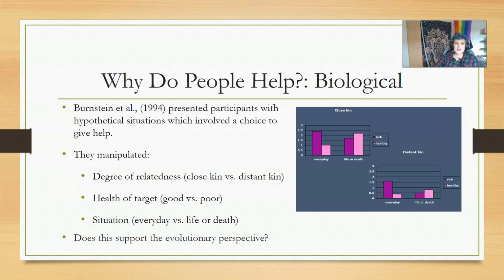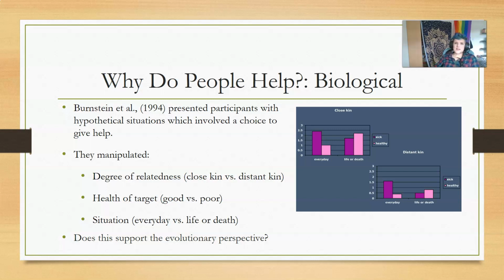Bernstein et al. in 1994 presented participants with hypothetical situations which involved a choice to help. They manipulated the degree of relatedness, so whether the individual was close kin, for example a brother, or distant kin, for example a second cousin, if the target was healthy, and if it was an everyday situation or a life or death perspective.